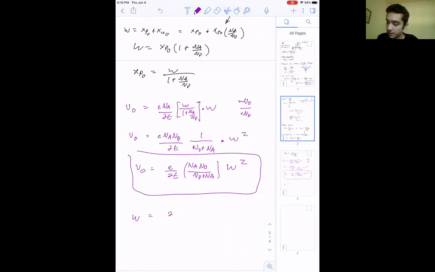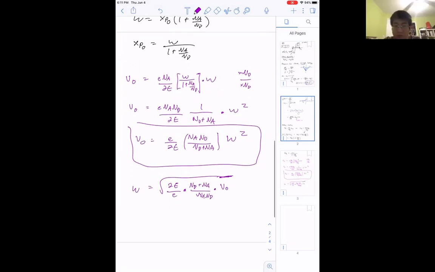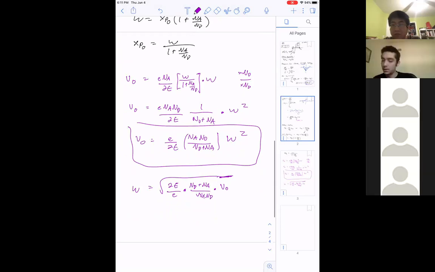So basically everything would flip if you go for W. And you also have your built-in voltage. Interesting.